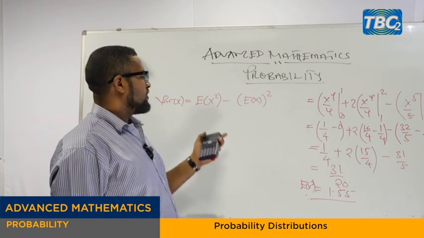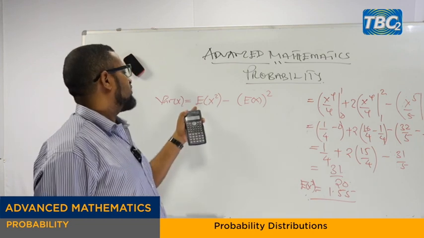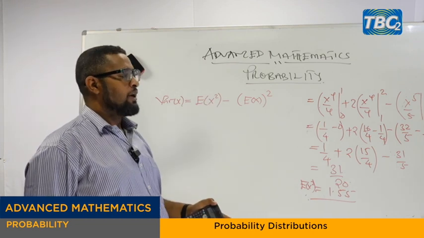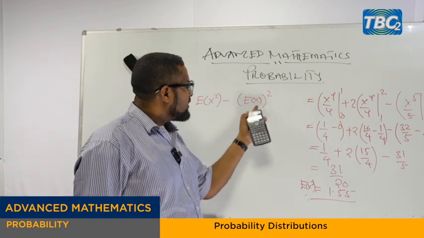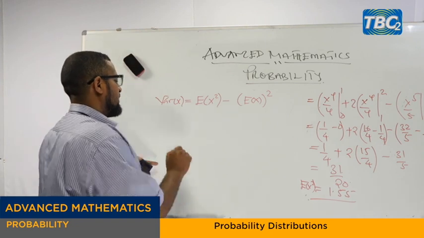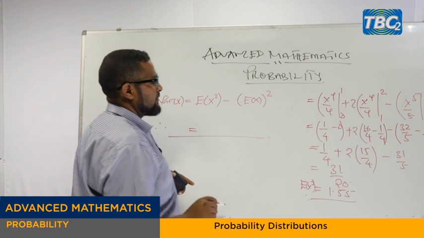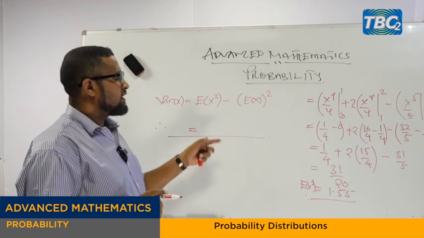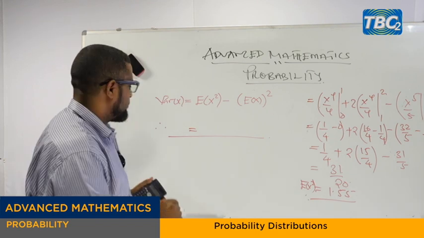So what you're supposed to do here, just recall back the value of expectation when the variable is x squared, and also the one that is only expectation of x. Do substitution and then write your conclusion. After obtaining the variance, how do you find the standard deviation, my dear student?